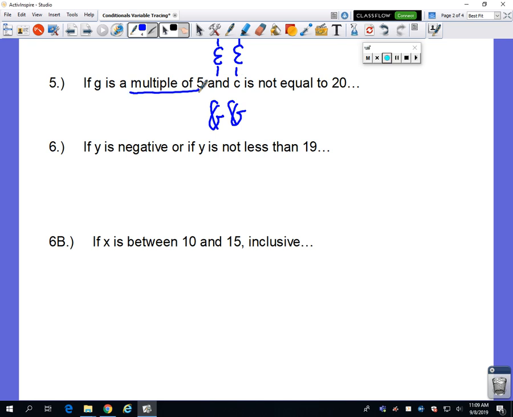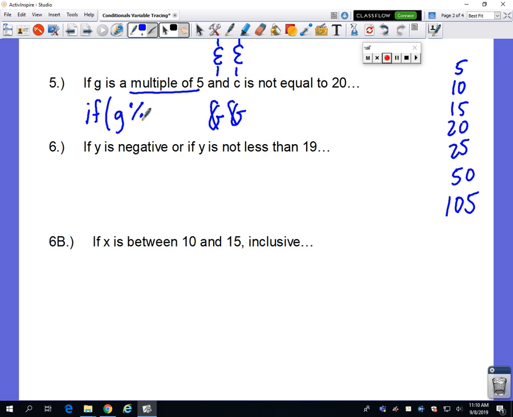Multiple of 5 just means the same as divisible by 5, because multiples of 5 are 5, 10, 15, 20, 25, go up to 50, really anything divisible by 5. So this is just like the last example, except it's 5. If I divide any multiple of 5 by 5, what do I get as a remainder?